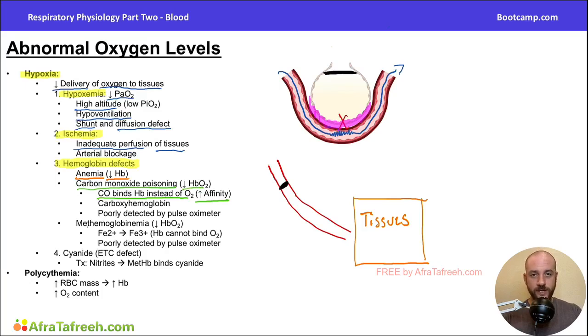So we're going to have decreased oxyhemoglobin. And when carbon monoxide binds to hemoglobin, we call that carboxyhemoglobin. Don't get this confused. When carbon dioxide binds to hemoglobin, can you remember what we called hemoglobin when carbon dioxide was bound to it? That's right, it was carbaminohemoglobin.